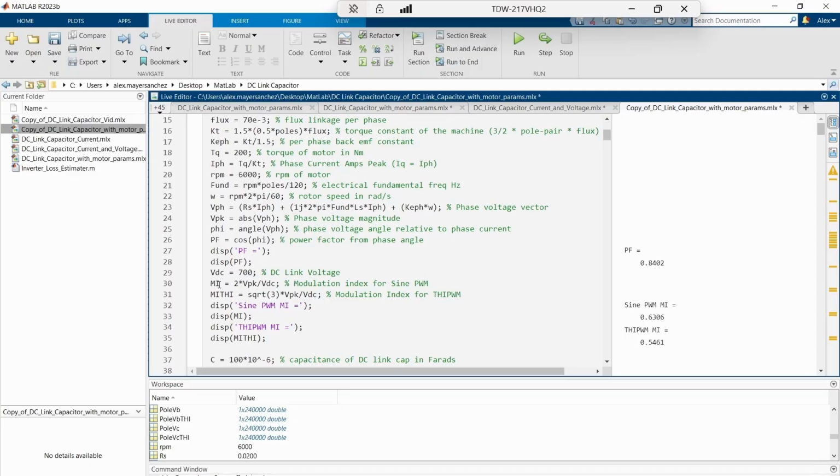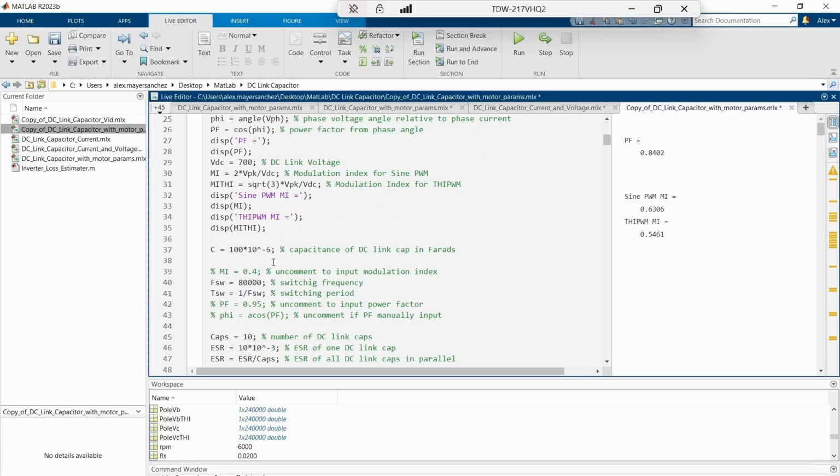So then with sine PWM, the modulation index is going to be equal to 2 times the peak phase voltage divided by the DC link voltage. And for third harmonic injection, it's going to be square root of 3 times the peak phase voltage divided by VDC. So this is one of the tricks of third harmonic injection / space vector PWM, where you can get a little bit more phase voltage out of the same DC link voltage.